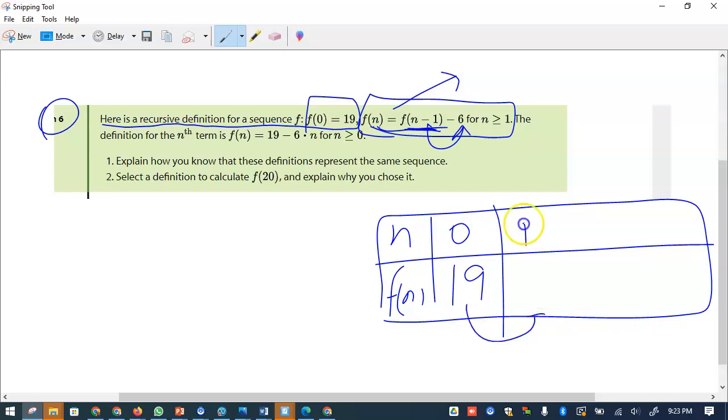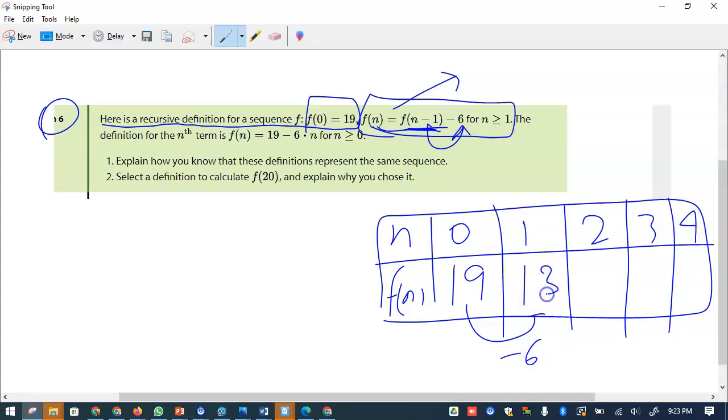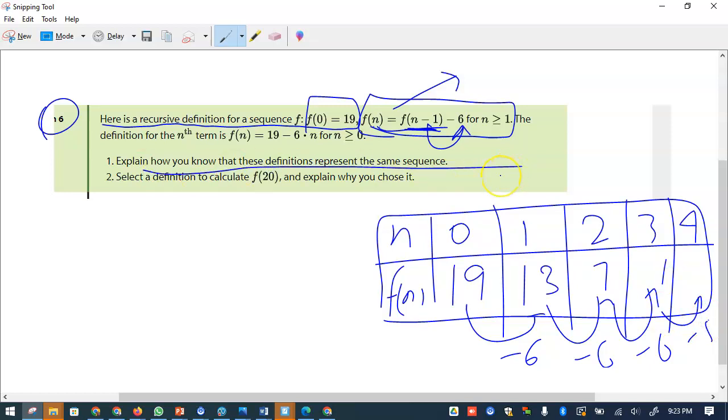So if I want to go to the next one, you decrease by 6, so reducing it by 6 will be 13. And then again you reduce by 6 will be 7, and again you reduce by 6 will be 1, and minus 5.